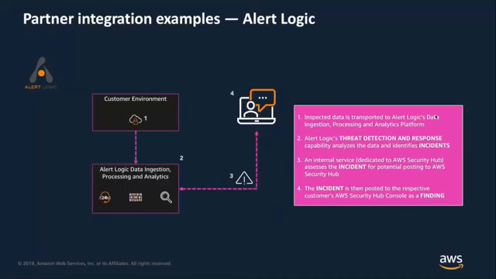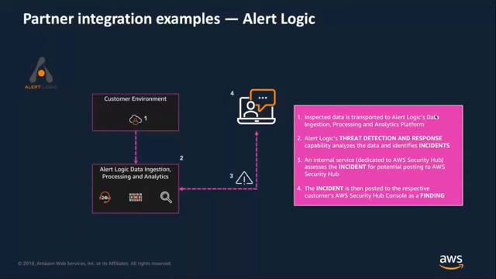Next, Alert Logic. Alert Logic is a managed security service provider. The thing I really like about Alert Logic's integration is that it does a great job of reducing the noise for an AWS customer. The integration takes in findings from the customer environment, which are pushed to an Alert Logic AWS account where they undergo further processing and analysis.